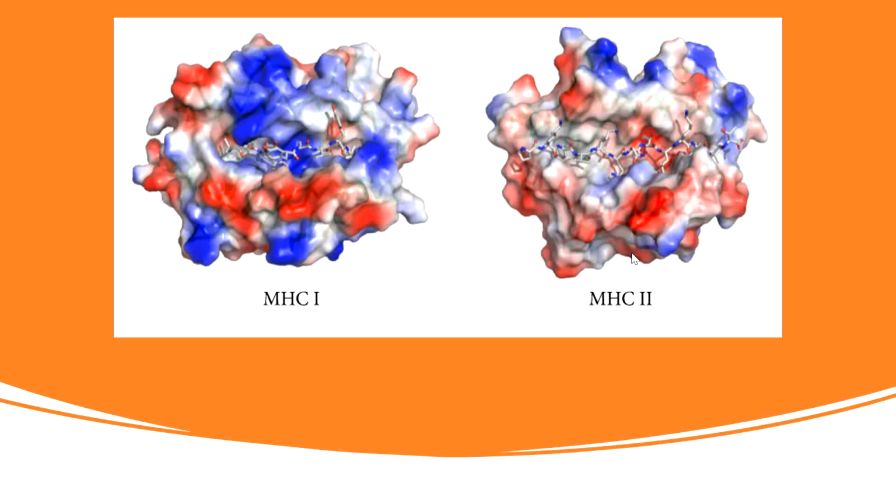In contrast, if you look at the peptide binding groove of a class 2 MHC molecule, it is an open one, allowing the N and C terminal ends of a peptide to extend beyond the binding groove. As a result, MHC2 bound peptides vary widely in length.